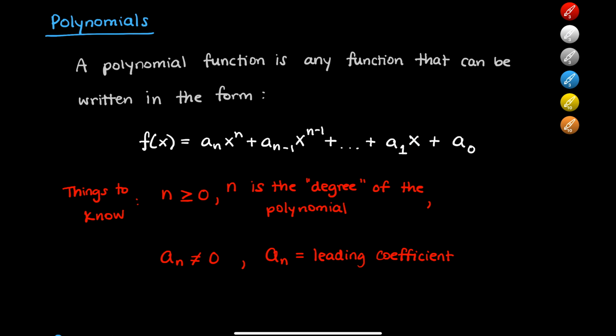So some key concepts to grasp from this is that n is the degree of the polynomial, and the degree is the greatest exponent that is there. So in this case, it could be like 5, 10, whatever. It's just the greatest exponent value in this function f of x. And n has to be greater than or equal to 0 for this to be a polynomial function.